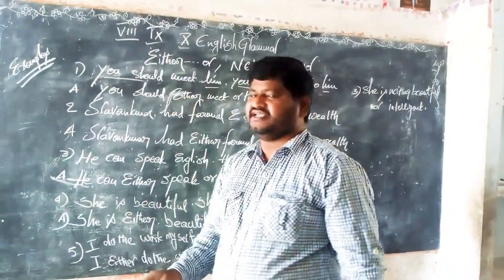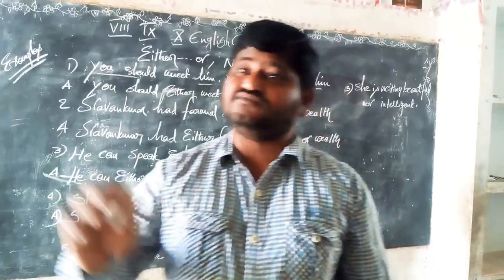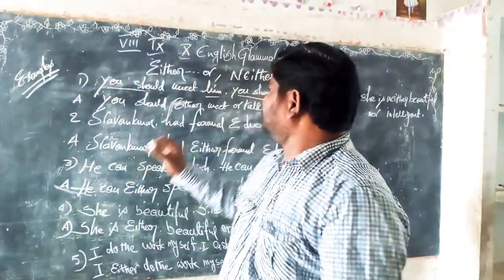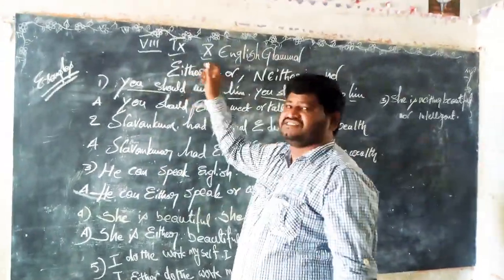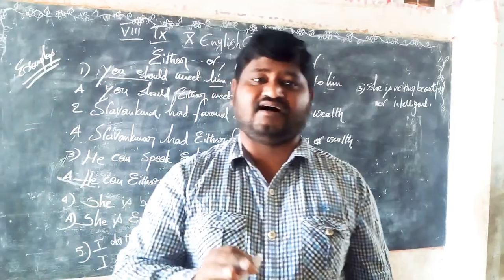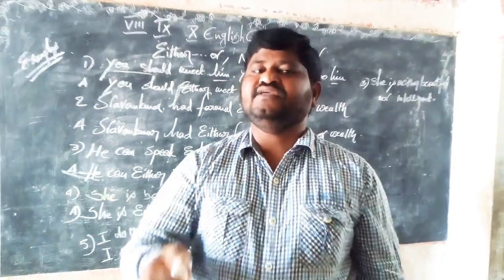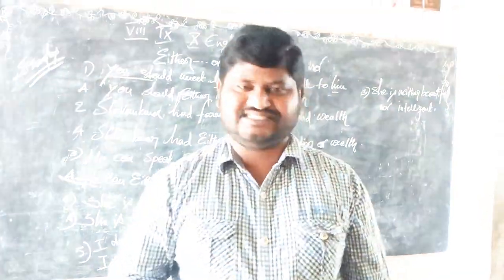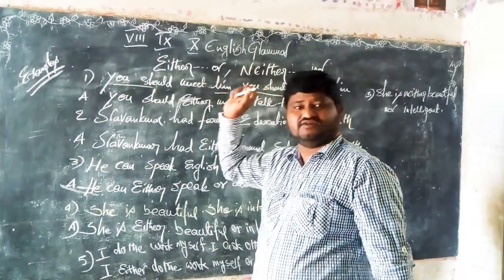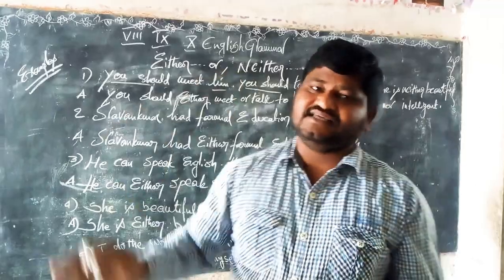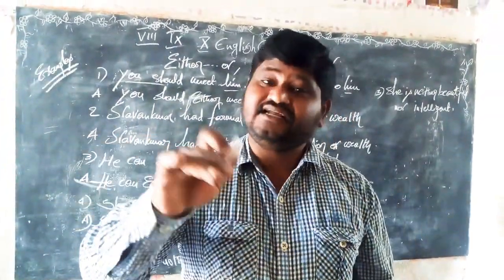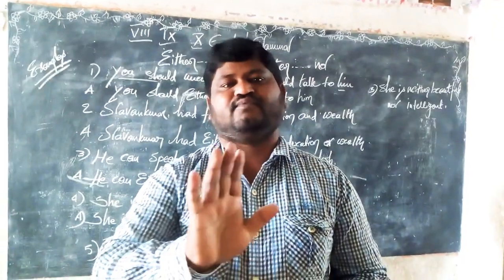Either or is used in the positive sentence, and neither nor in the negative sentence. Neither nor we use in negative sentences, and either or we use in positive sentences.